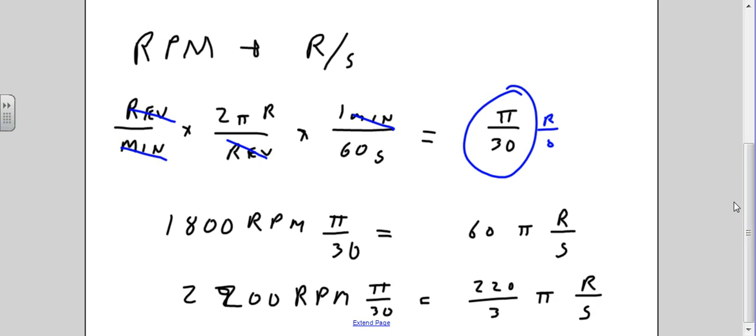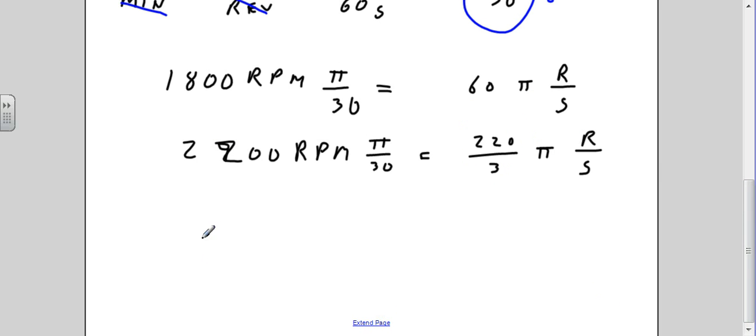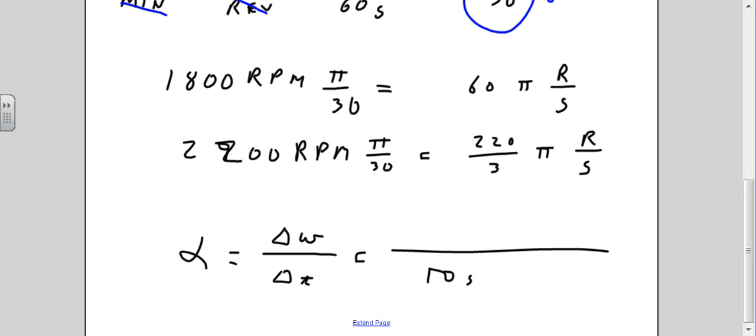So now that we have our revolutions per minute in radians per second, now we can find our alpha, which is going to be the change in omega, in radians per second, divided by change in time. Well, change in time is easy. It's 10 seconds. So I'm going to divide by 10 seconds. And now, what do we have up here?